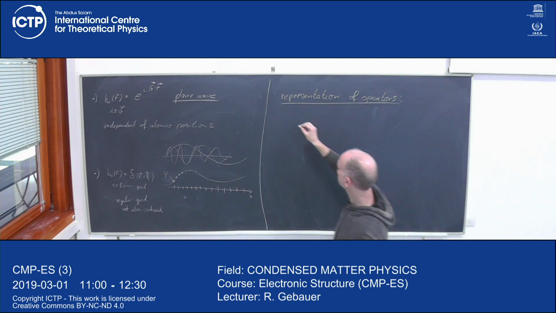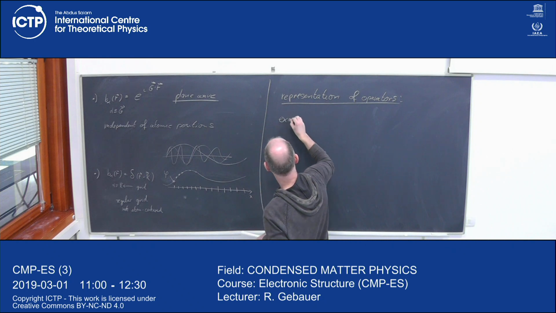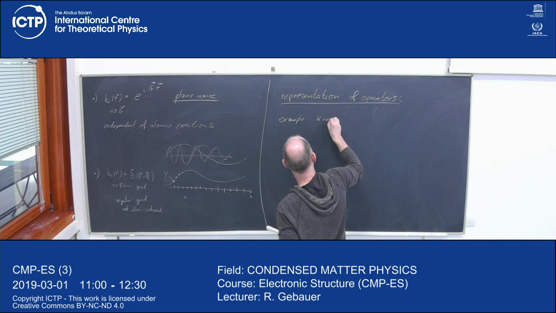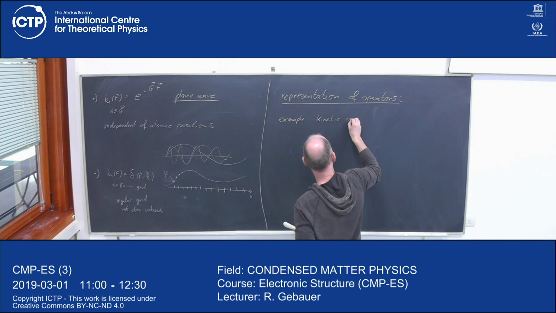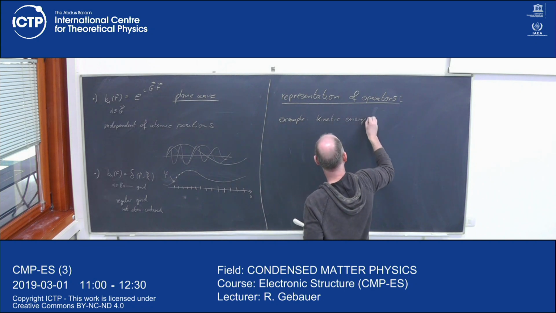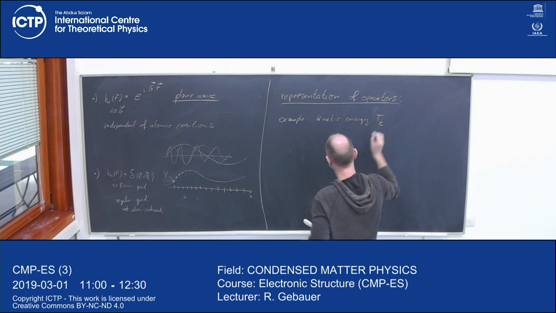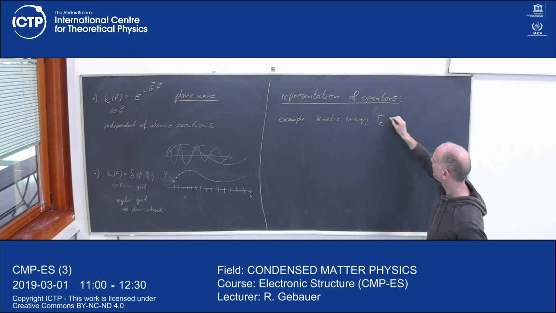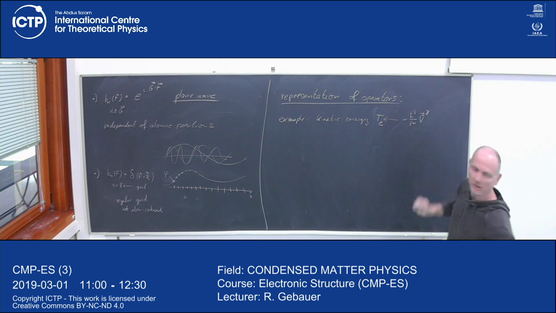So for example, let's have a look at the kinetic energy of the electrons, T_e. We know that T_e, the operator, is minus h bar squared divided by 2m, times the second derivative.